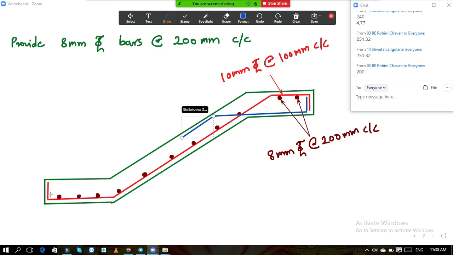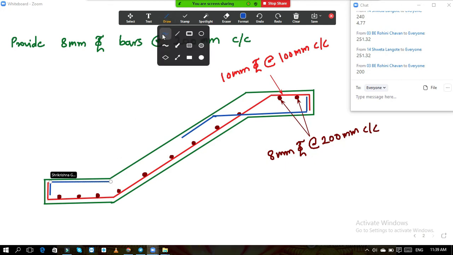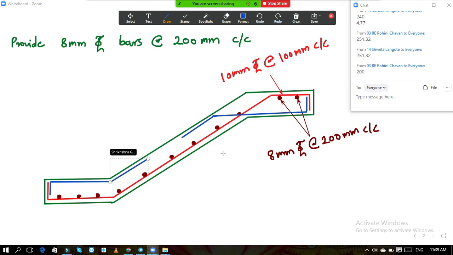Here also it will come from this point, then it will move up to this point here, and from this point also it will bend upwards up to the development length. Okay, so please do the corrections.